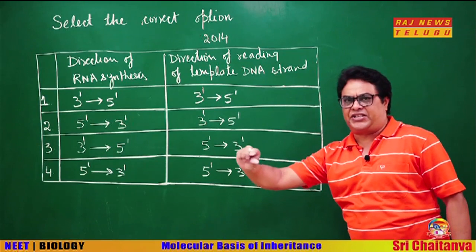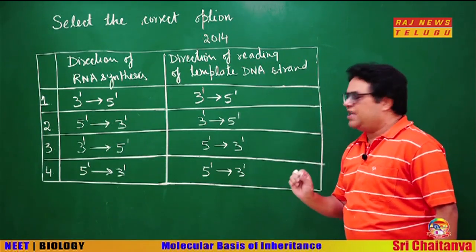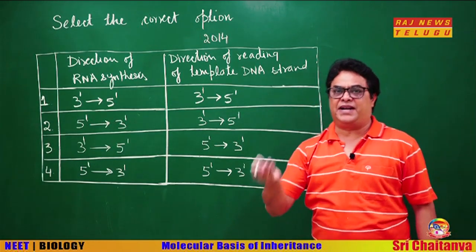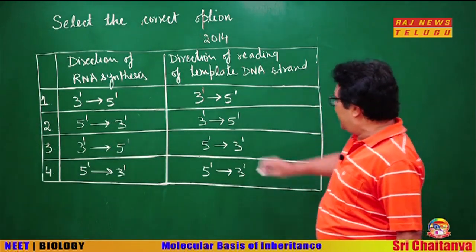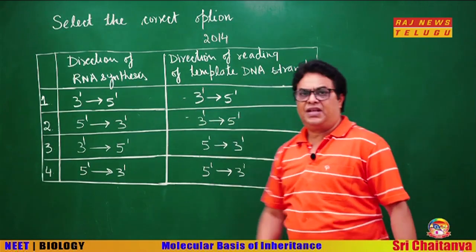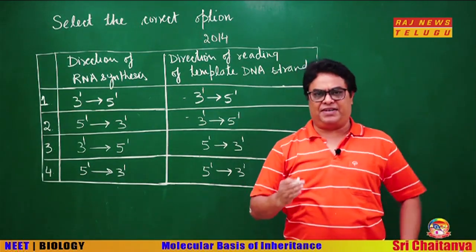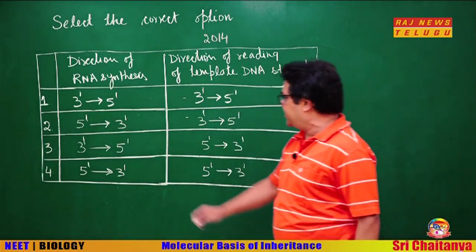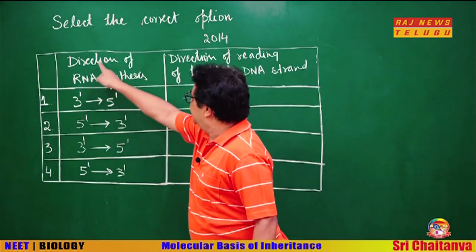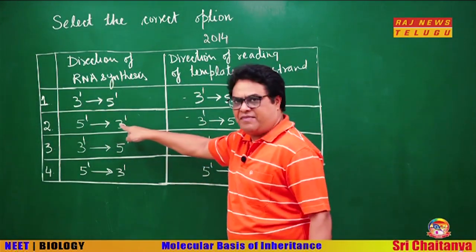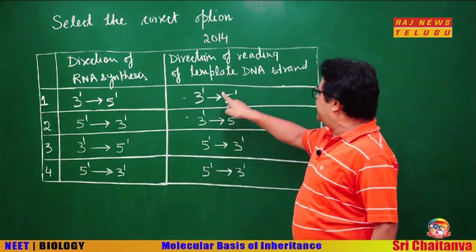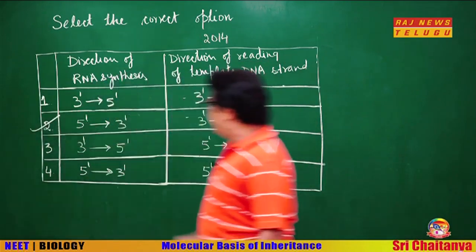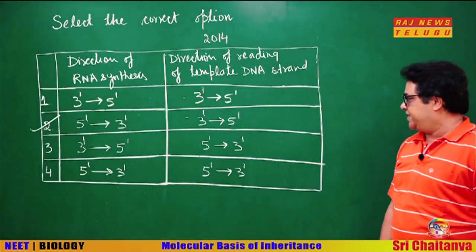We said that always the template is read in 3' end to 5' end direction. So either this or this could be the answer. But we said that the RNA polymerase enzyme always polymerizes in 5' end to 3' end direction. So, here you can see direction of RNA synthesis is 5' end to 3' end, and the direction of reading of DNA is 3' end to 5' end. It means option number 2 is our answer.